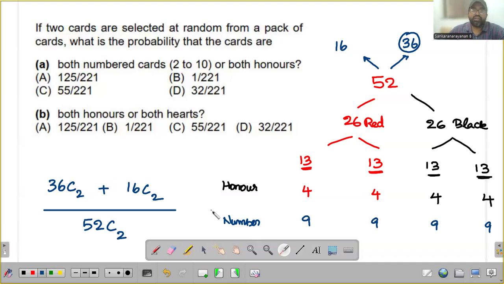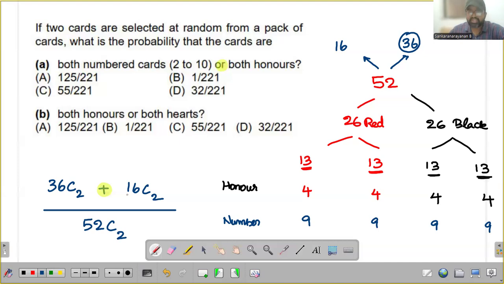So they have used the word or here. That's why I decided to go ahead with the addition. So it could be both the cards being numbers or both the cards being honor. So 36C2 plus 16C2 by 52C2.